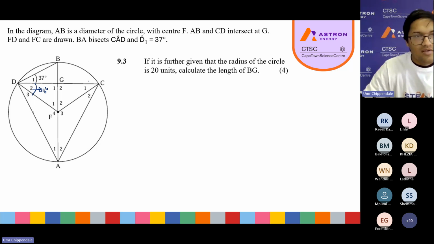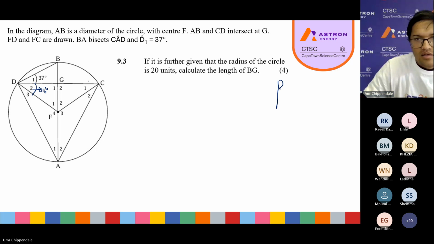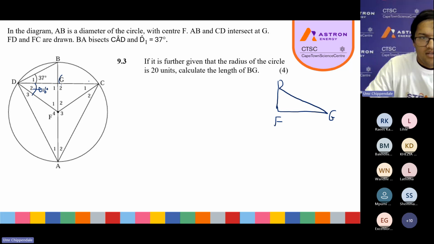So what we're going to do now is, if we write this out with just what we have, D, I'll make it like this so I can picture it a bit better. D, F, and here's G. So we're just dealing with this triangle here, here, and here.